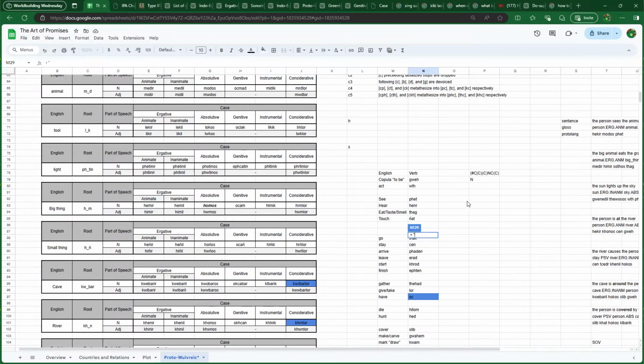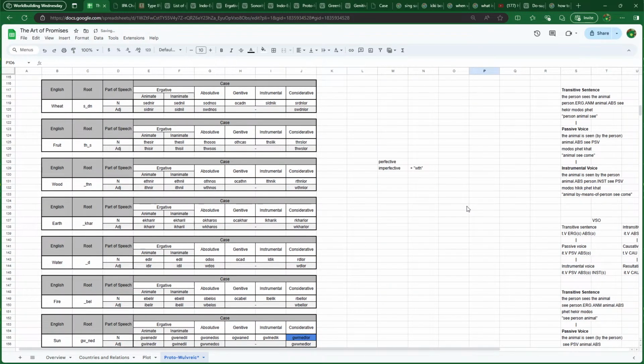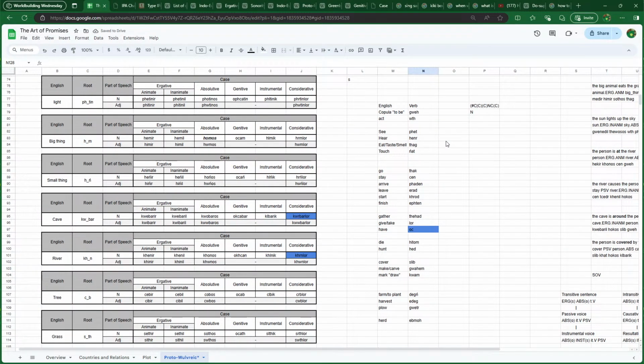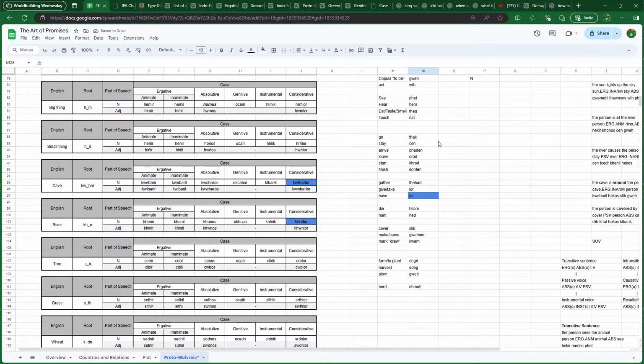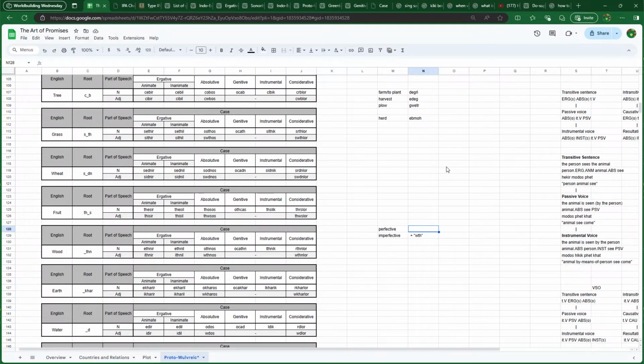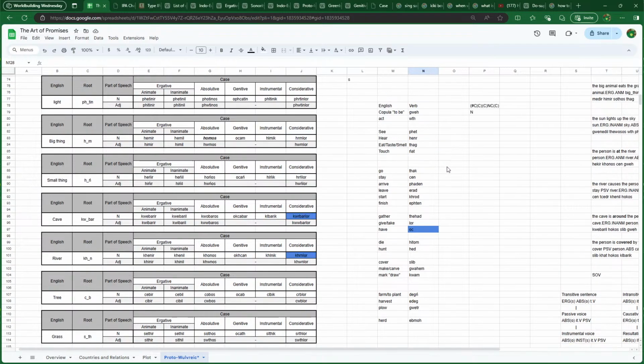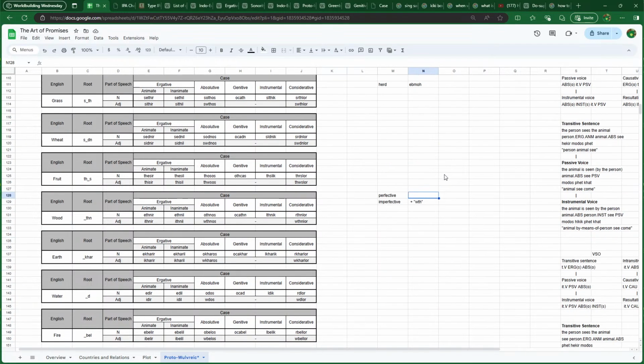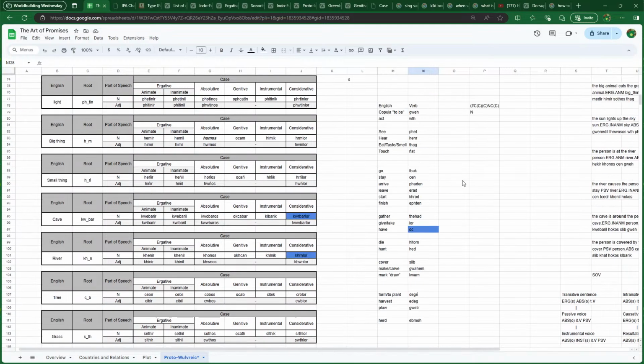And then for the perfective, I can... It's actually more common for the perfective to be marked than anything.